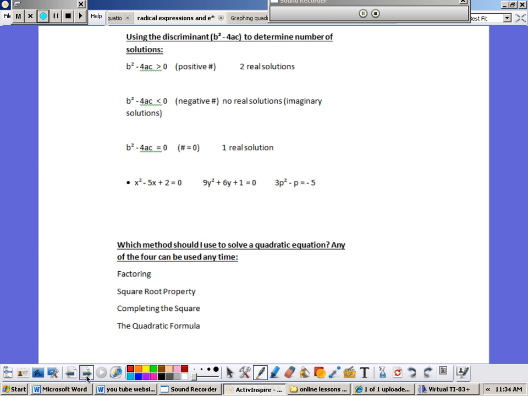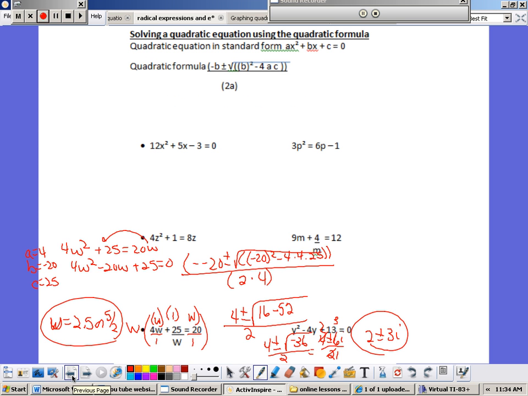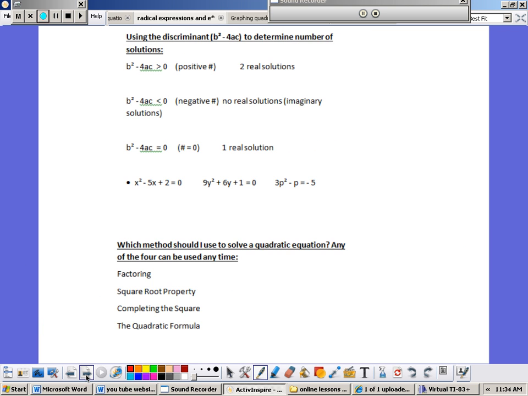So if we go back to the one we did here, where a is 1, b is -4, c is 13, and I just did b squared minus 4ac, I would have gotten 16 minus 4 times 1 times 13, which would have been -36. Okay, so I got a negative number. What a negative number tells you is, if it's less than 0, there are no real solutions. It's going to be imaginary.